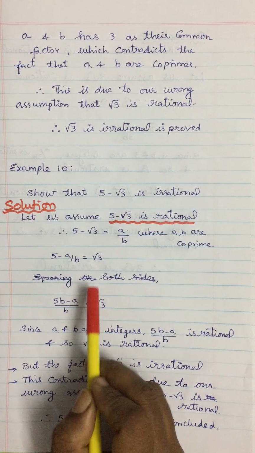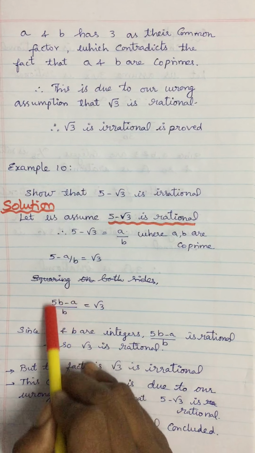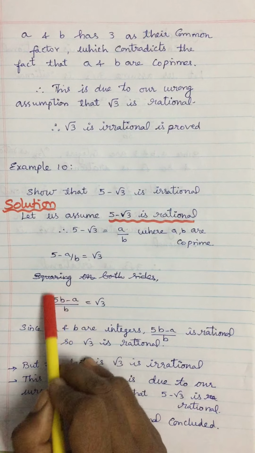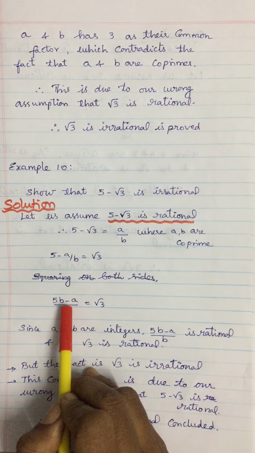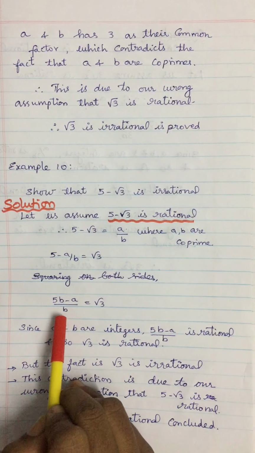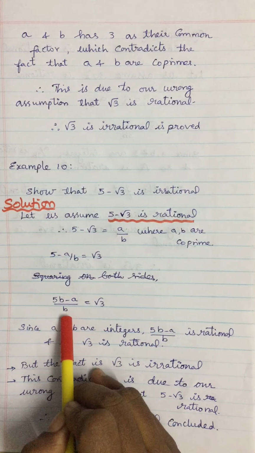So a is an integer, b is an integer, 5 is also some constant. Therefore all three are integers. Therefore after performing the subtraction and division, I will surely get an integer or a rational number only, right. So the entire term is rational.